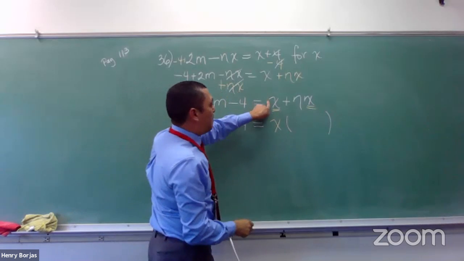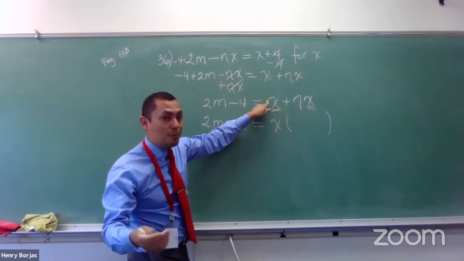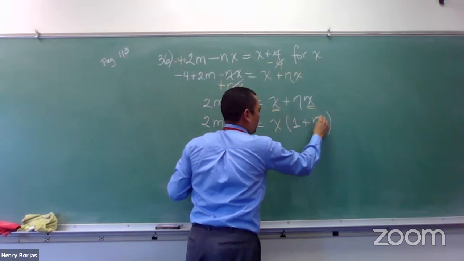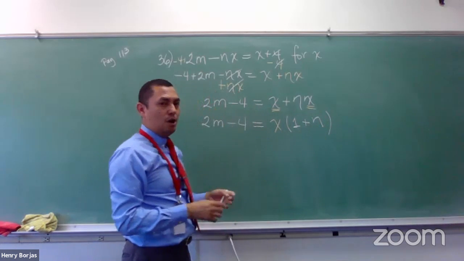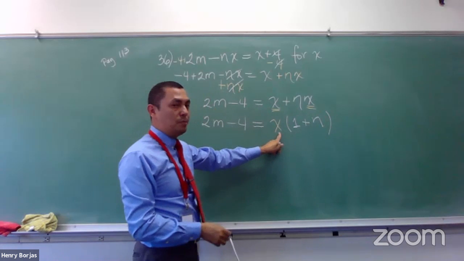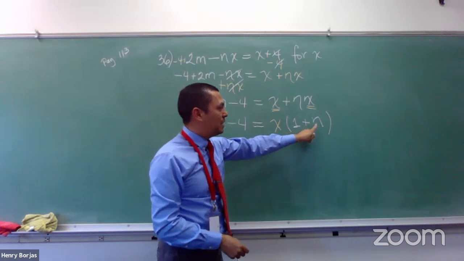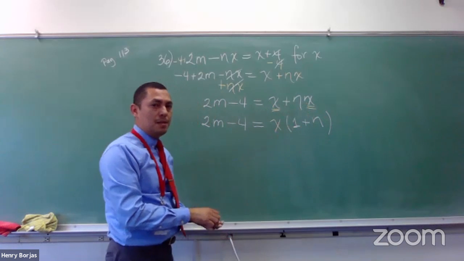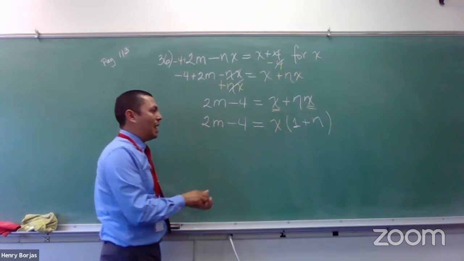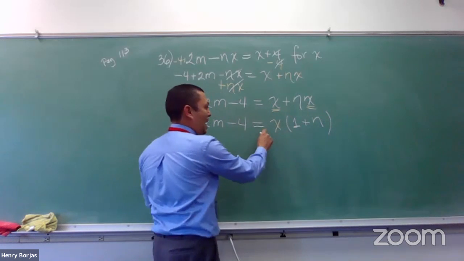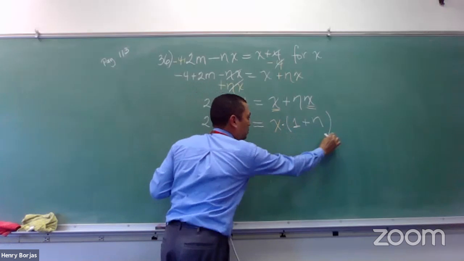And remember that if you don't have a number different than 1, then it's 1 plus n. How do I know it's correct? If you apply the distributive property, x times 1 is x, x times n is nx. Now what I'm going to do, I need to solve for x, and x is multiplying this expression.